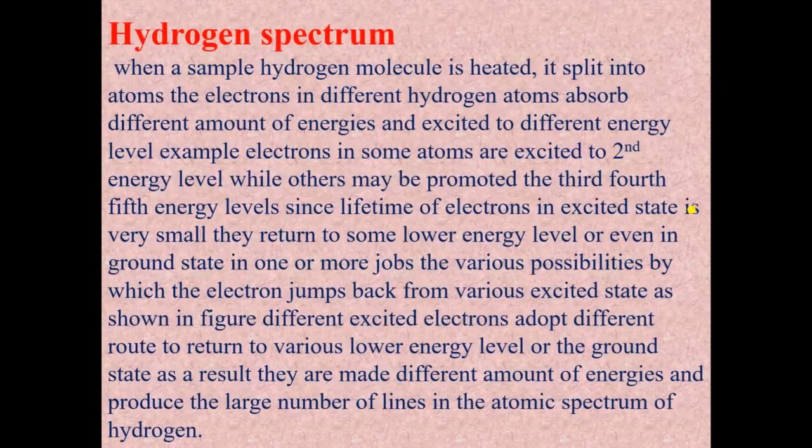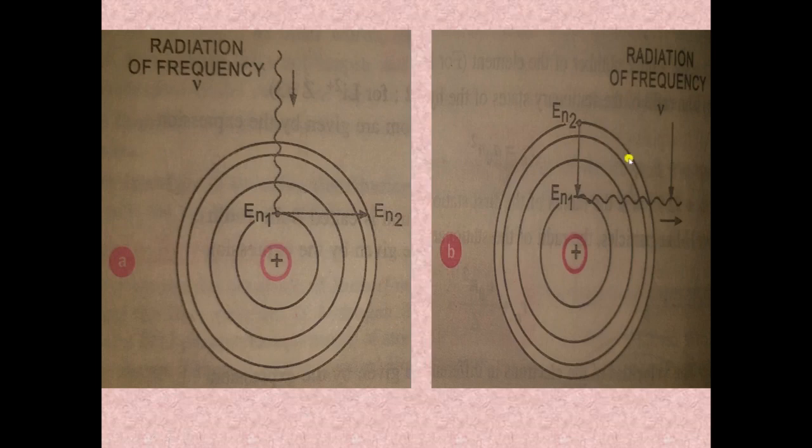Now next is the hydrogen spectrum. Now we will understand what the hydrogen spectrum is. When we take a sample of hydrogen, hydrogen exists as an H2 molecule, and when we heat it, the H2 molecule converts into hydrogen atoms. Now the electrons present in the hydrogen atom will absorb energy, and these electrons will go from a lower energy level to a higher energy level.